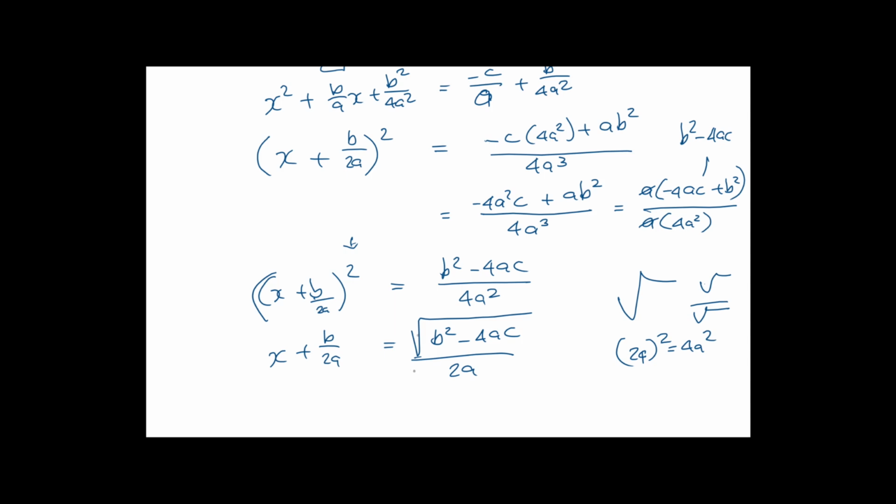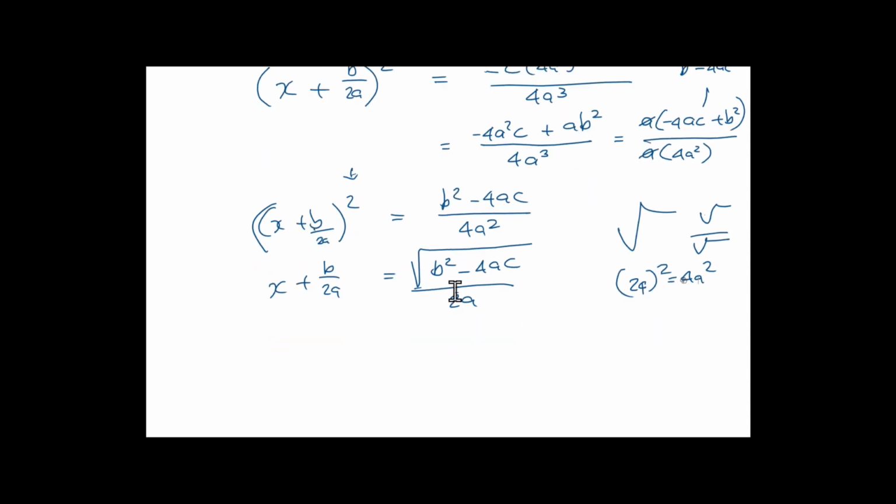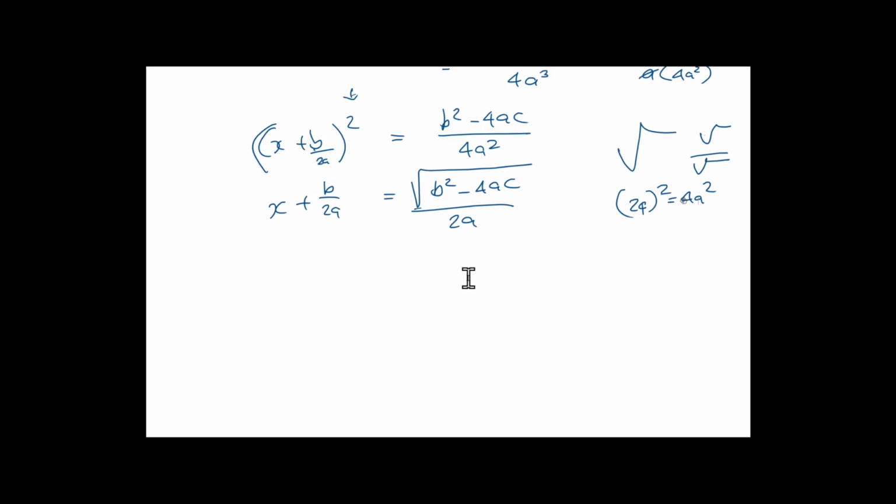And now we're almost there. We can see this starting to come together. Like Hannibal said in The A-Team, I love it when a plan comes together. So x is going to be, and I'm going to take this b over 2a across, so I'm going to subtract it from both sides. So minus b over 2a plus or minus the square root of b squared minus 4ac over 2a.